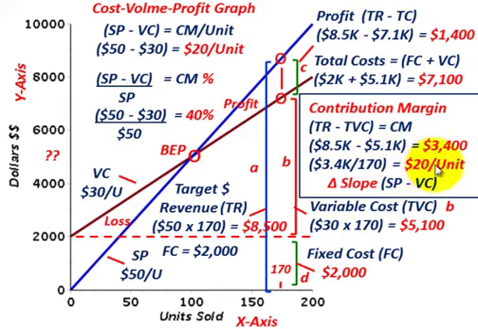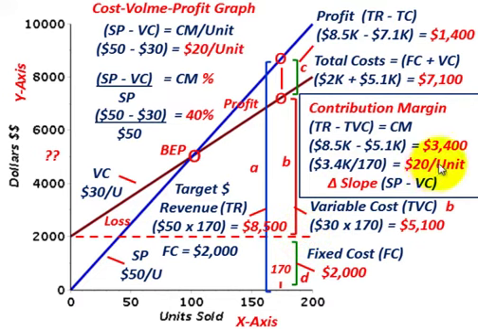And in terms of the contribution margin per unit, let's look at it. The contribution margin was the $8,500 total revenues minus the total variable cost of $5,100. That gives us a contribution margin of $3,400 based on those 170 units sold, based on our selling price of $50 and our variable cost of $30, plus the fixed cost of $2,000.